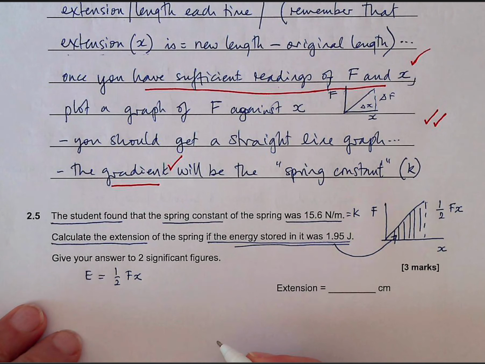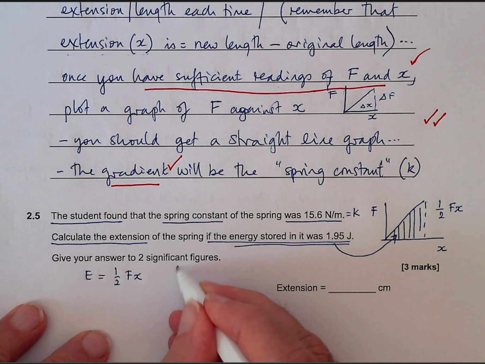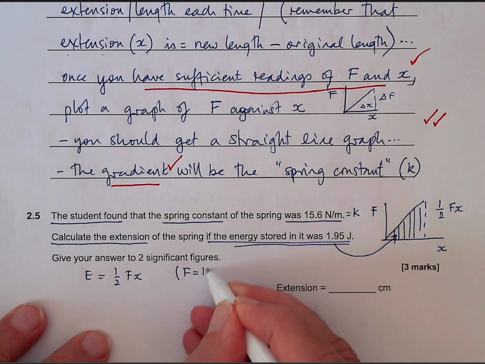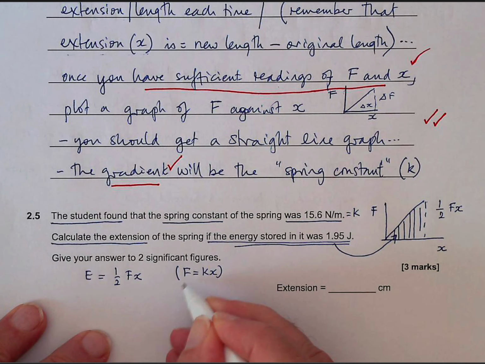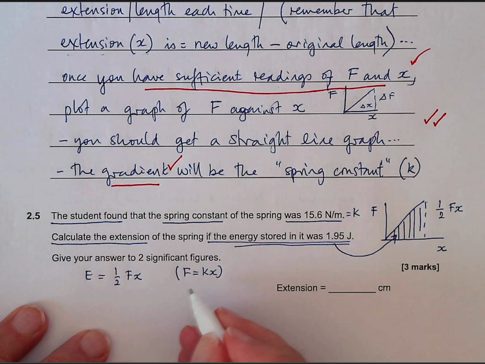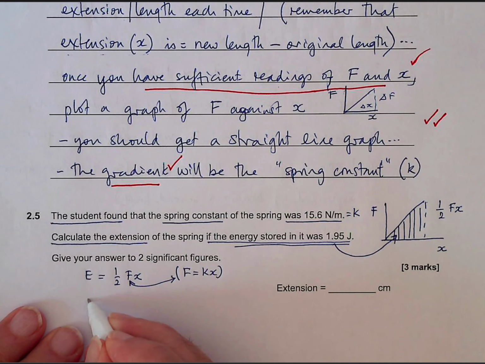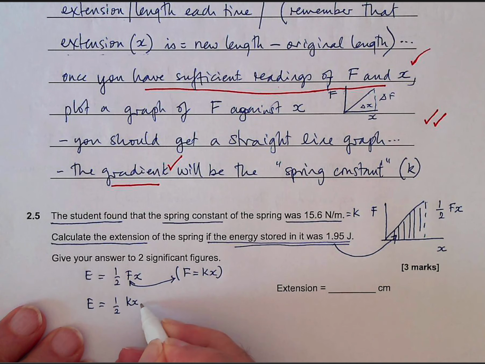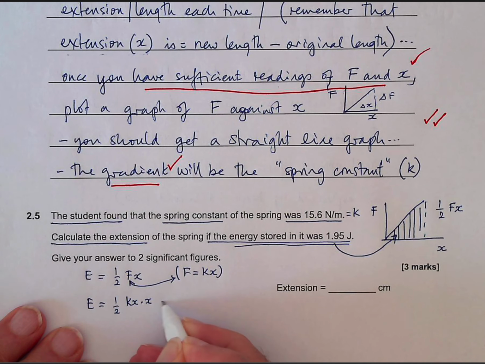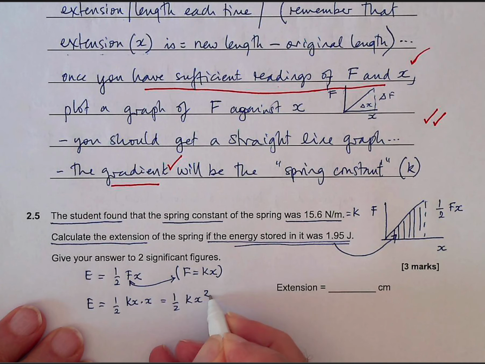Now remember that you also know that F equals kx. Since we don't know F, you've got to use your mathematical skills to replace F in the equation with kx. That means that energy is half kx times x, which equals half kx squared.